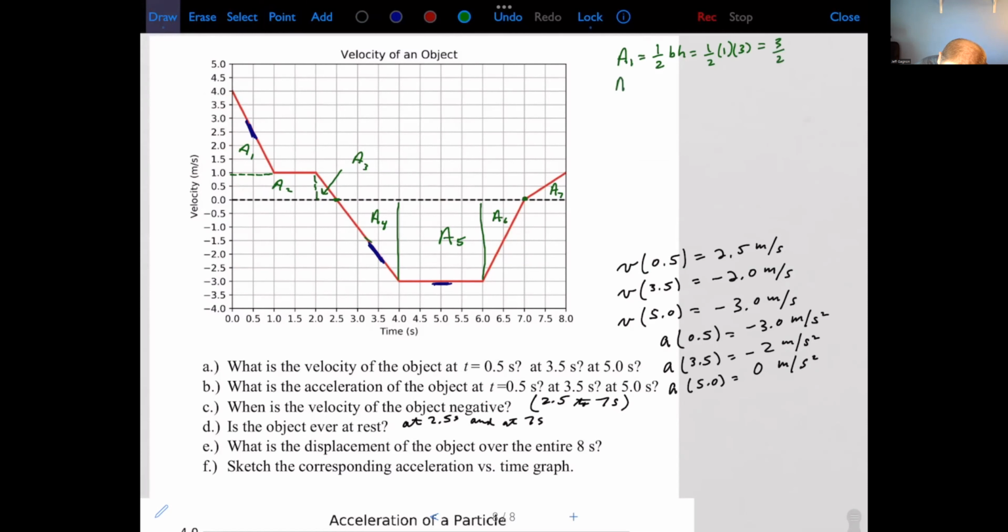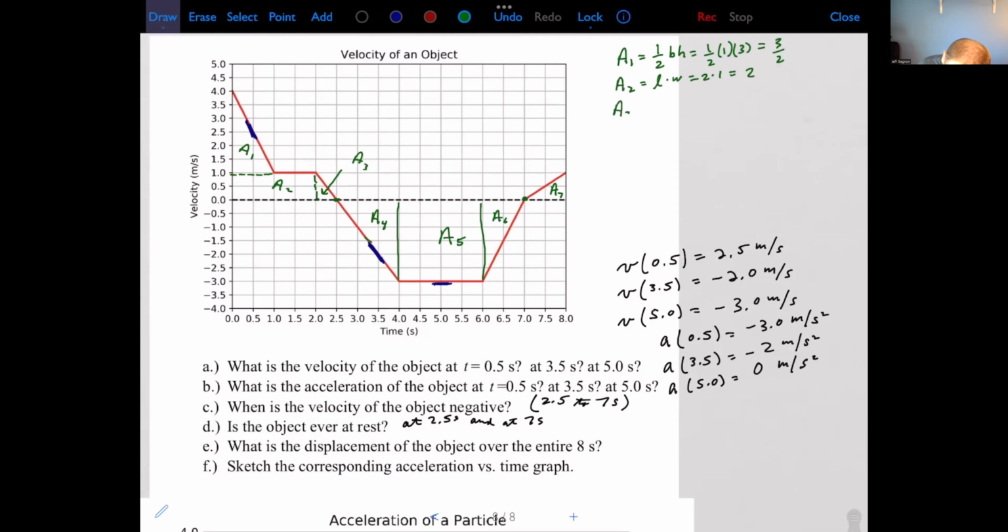Okay, A2. A2 is what I'm calling this little rectangle here, right? So that's length times width. It looks like the length is 2, and the height or the width is 1. So it'll be length times width, so 2 times 1, which is 2.